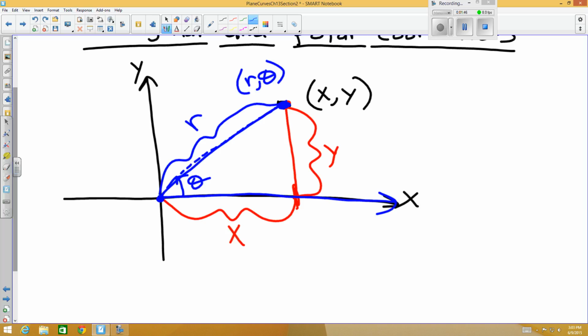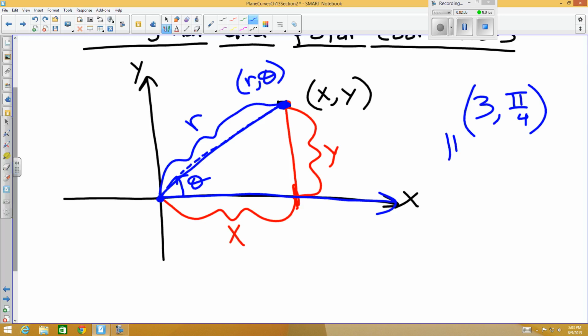So then the question becomes, if you are given, for instance, a set of polar coordinates, 3 comma pi over 4, what is the equivalent set of rectangular coordinates that would get us to the same point in the plane?